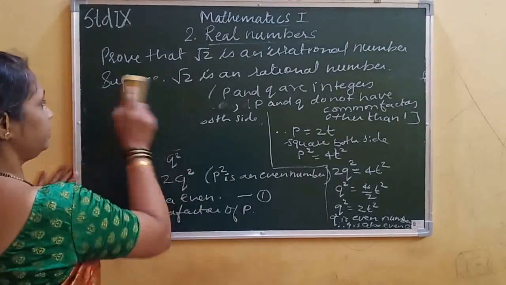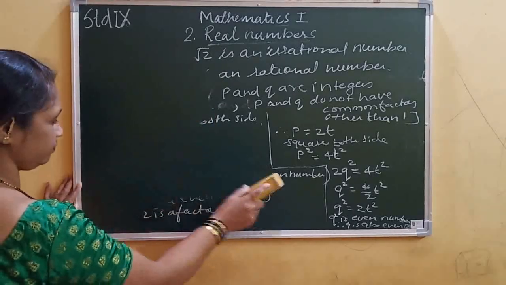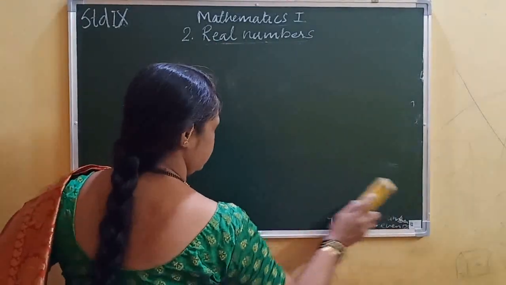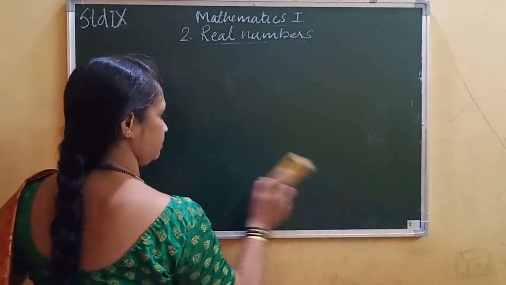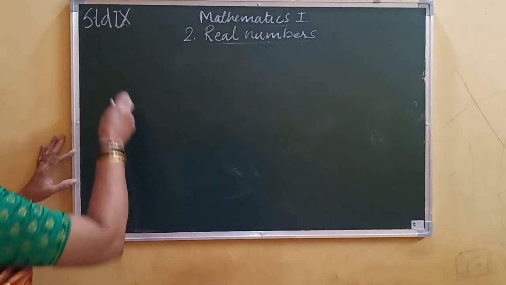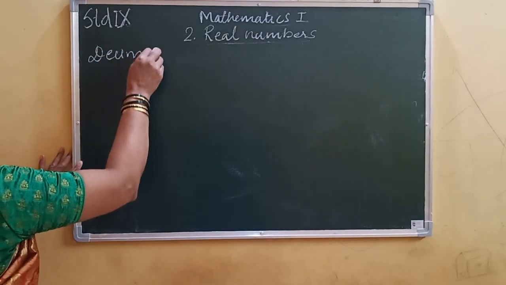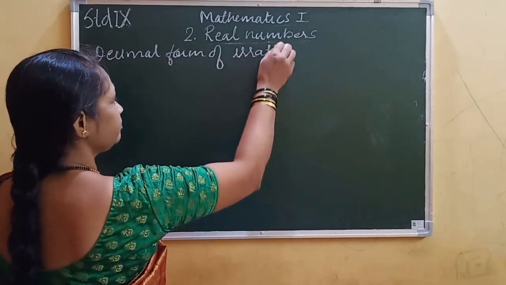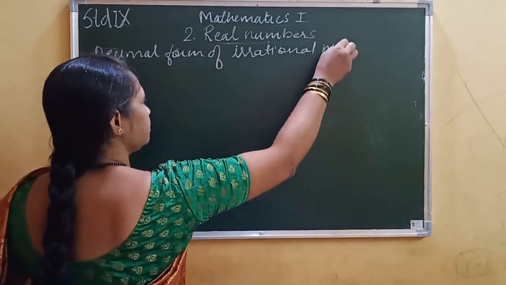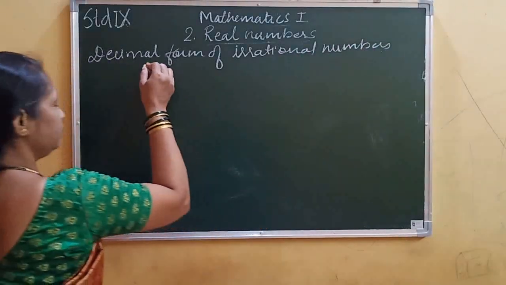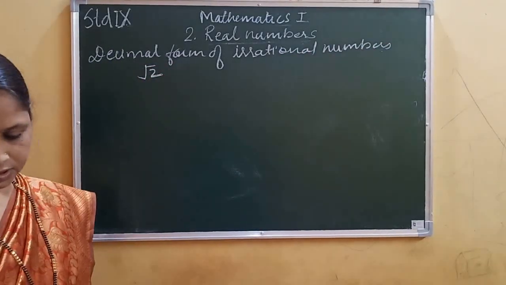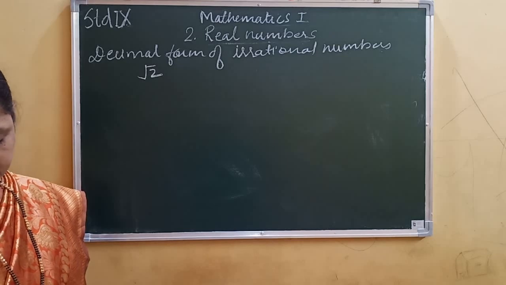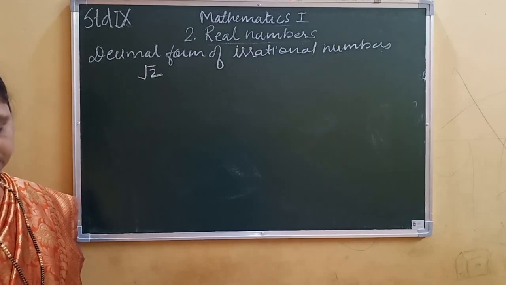Now see, an irrational number is a number whose decimal form is non-terminating and non-recurring.